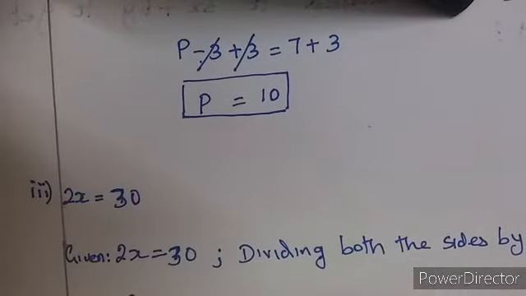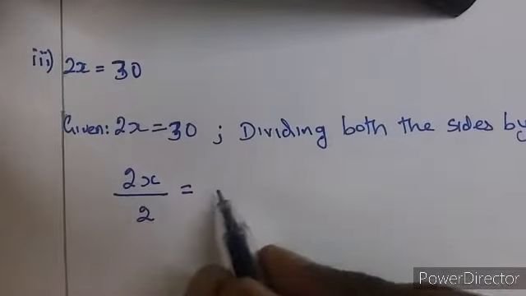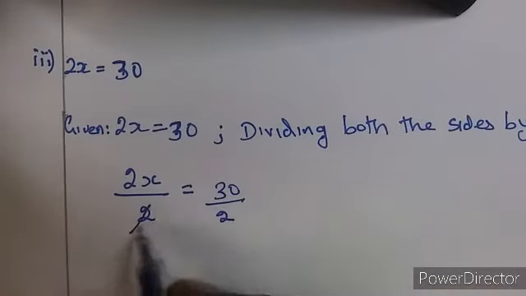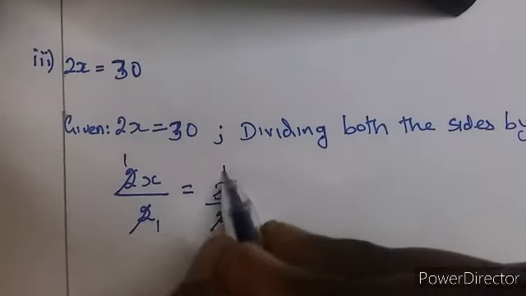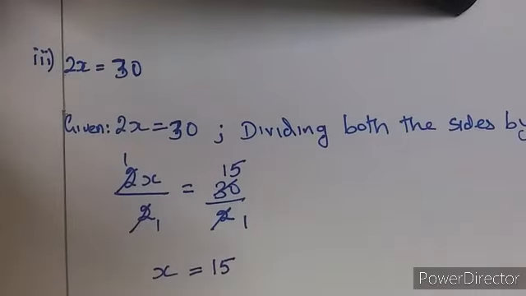So 2x divided by 2 equal to 30 divided by 2. Now in the two tables, 2 ones are 2, 2 15s are 30. So the variable x value is 15.